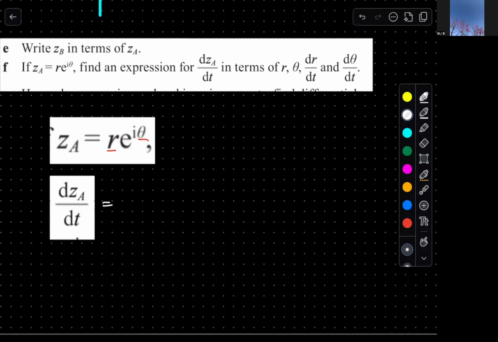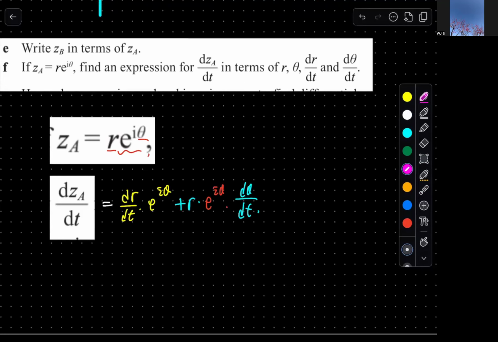So it's going to be dr over dt times e to the power of i theta as it is, plus r times the exponential function itself. However, you have to multiply by the derivative of the angle with respect to t by implicit differentiation. That is great.